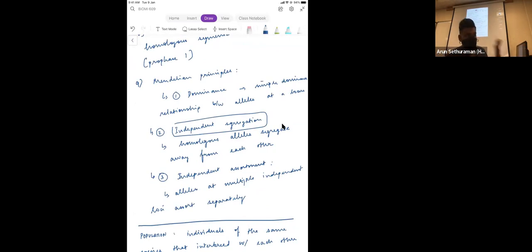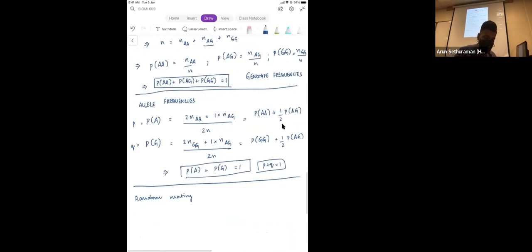So if that holds true, then when you say that this population is randomly mating, we can draw that Punnett square. The Punnett square allows you to represent random mating, assuming that the mating of an A with an A, or an A with a G, or a G with a G are independent events.